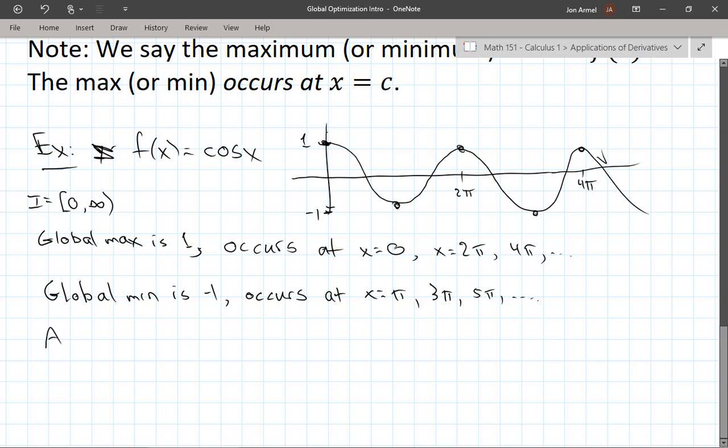A function can have at most one global max and min, because that's talking about the output of the function. The max is the output.